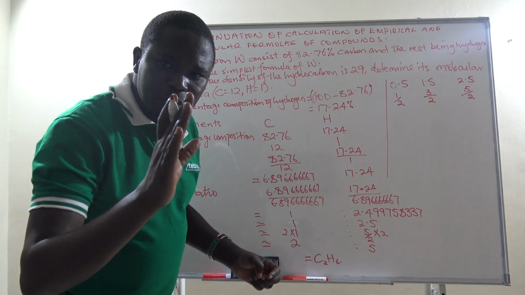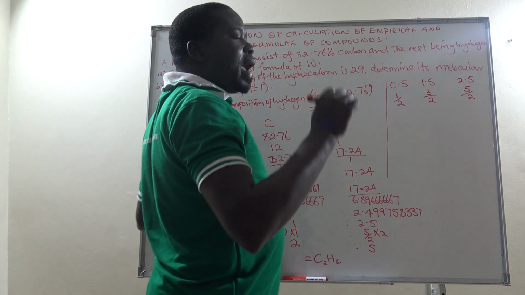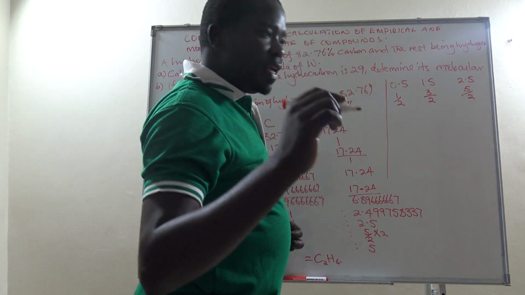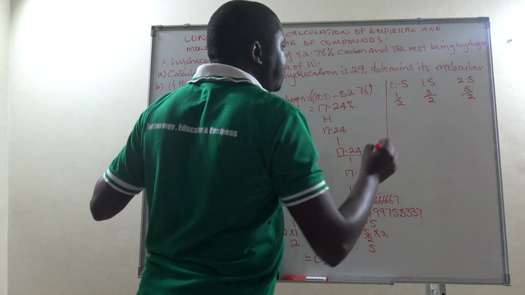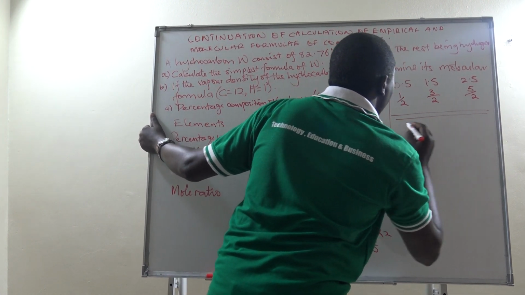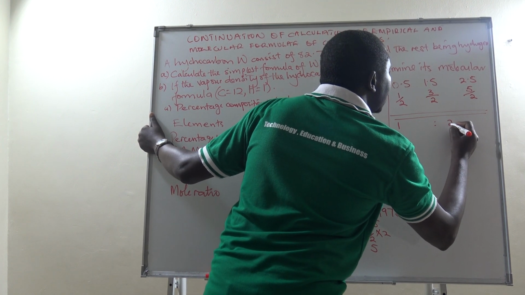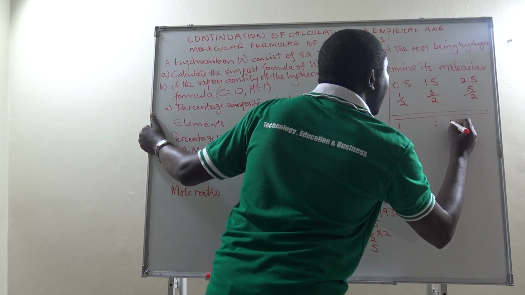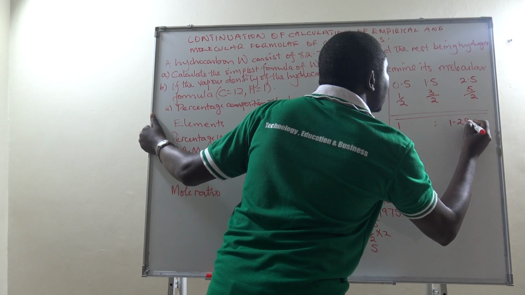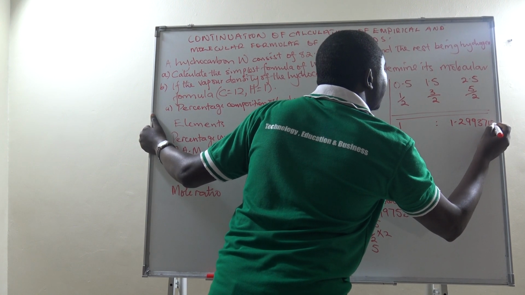I want to take it through something small again. In case it is a 0.3, let us say, supposing we had a ratio of 1 to, say, let me use 1.299375154.